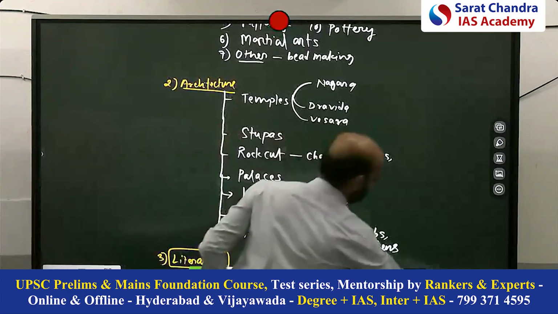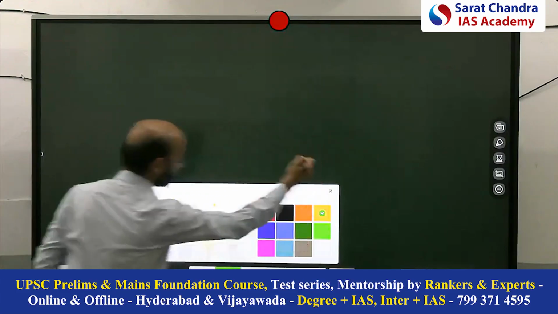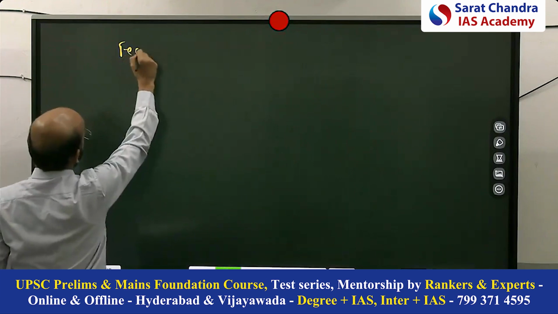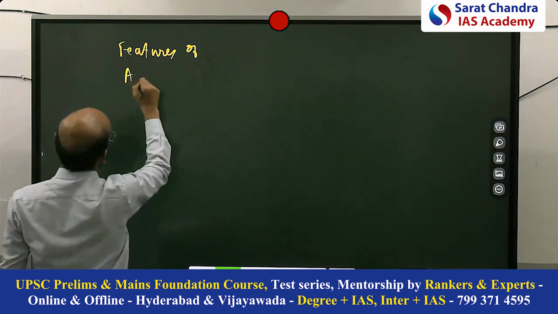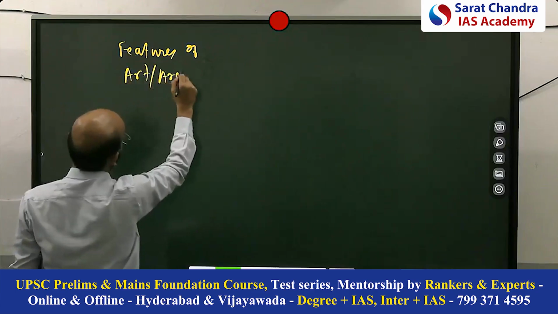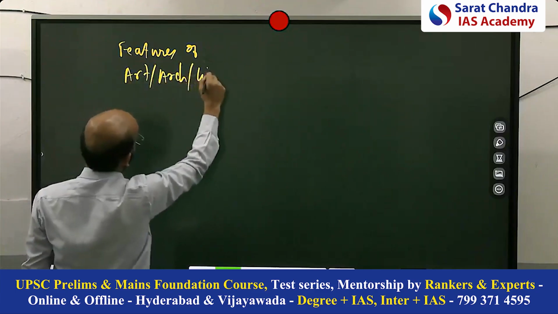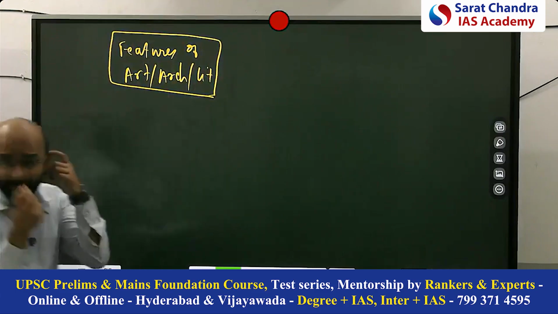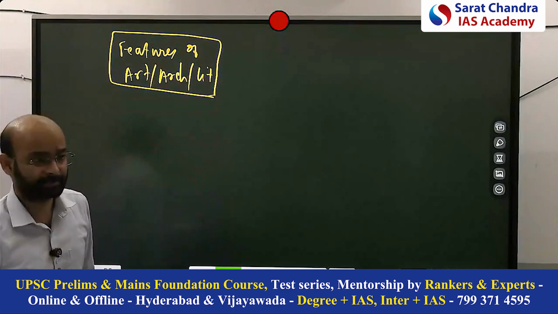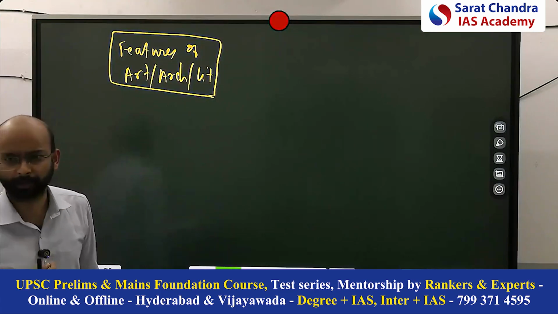And the last thing is that sometimes they ask about features of art, architecture or literature. What are the key features of architecture, they will ask, of Pallava architecture, Gupta architecture.